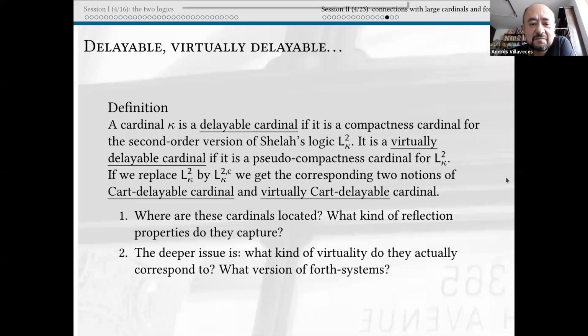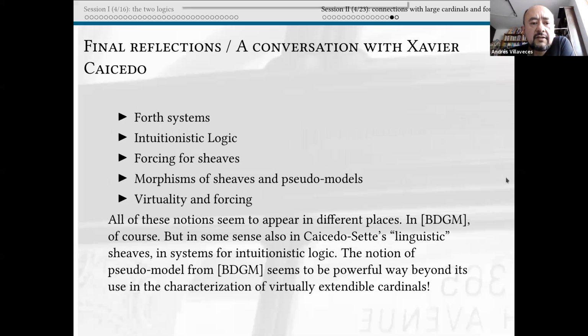But I close now with final reflections that come from a conversation with Javier Caicedo, who is somebody who has thought a lot about forcing systems for different reasons. So we have here five notions: forcing systems, intuitionistic logic in general, forcing for sheaves, morphisms of sheaves and pseudo-models, and then the connection between virtuality and forcing.